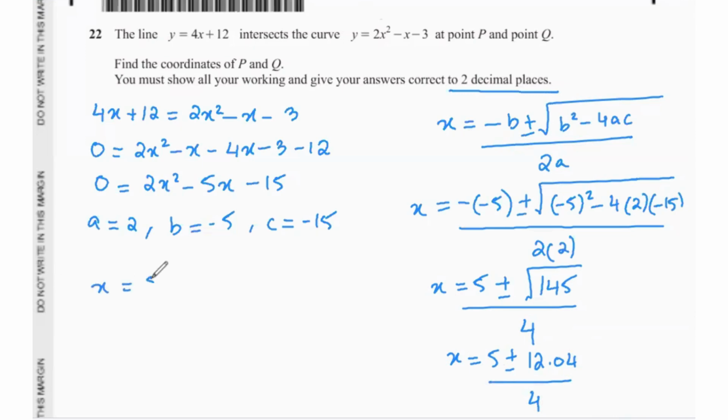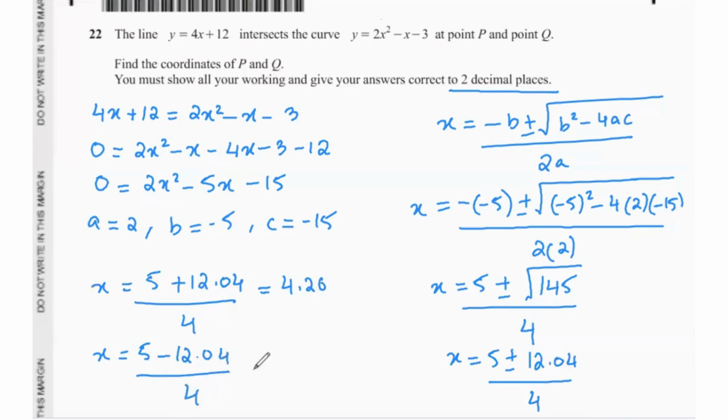One x is 5 plus 12.04 over 4, which gives us 4.26. And the other is 5 minus 12.04 over 4, which gives us -1.76. Now we need to find the corresponding y values as well.